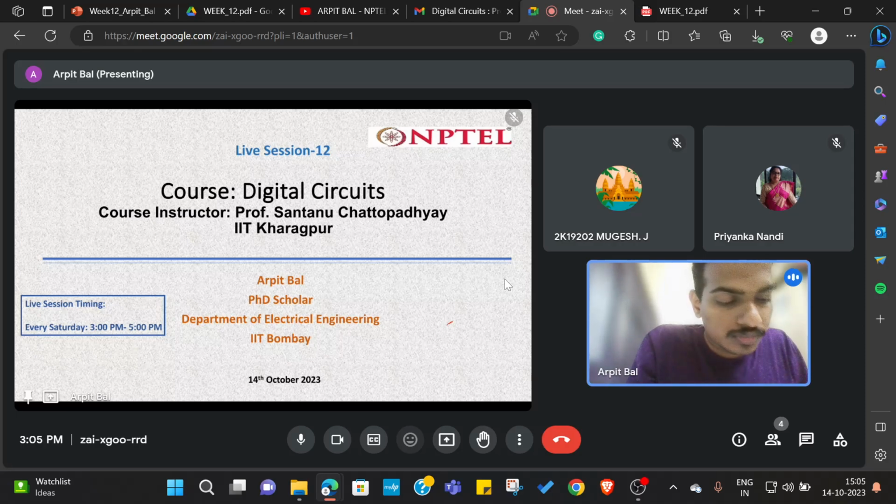Something related to state machines was also covered. Then we covered microcontrollers and hardware description languages.